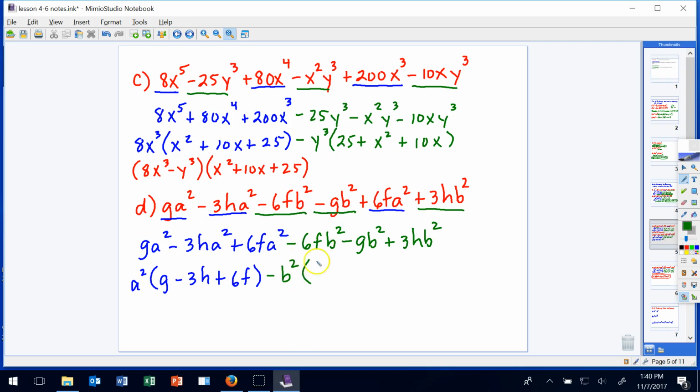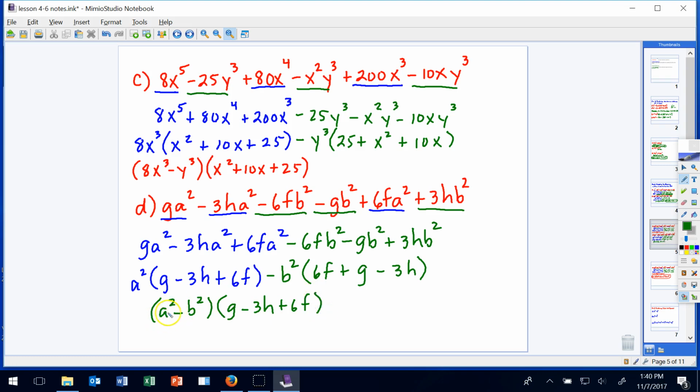And when you factor that out, you're going to get 6f plus g minus 3h. So once again, they're not in the same order, but they are the same terms: minus 3h, positive g, 6f in both. So the two terms that are not in parentheses, times the matching parentheses group.